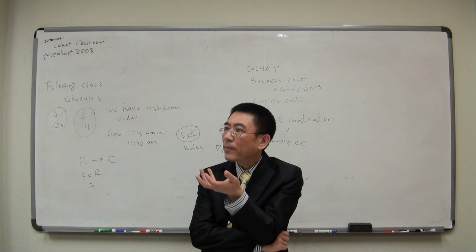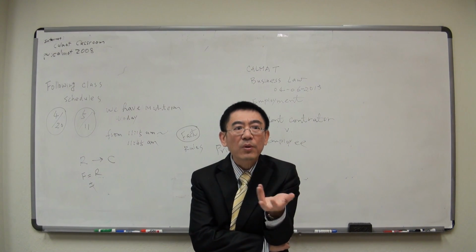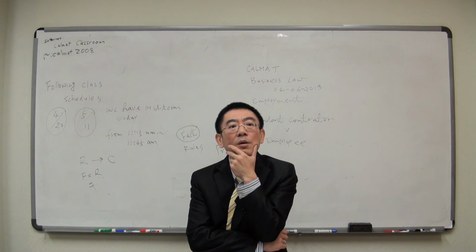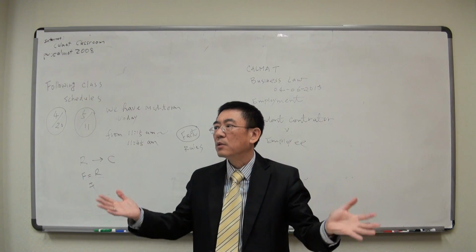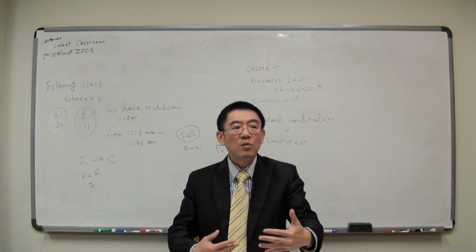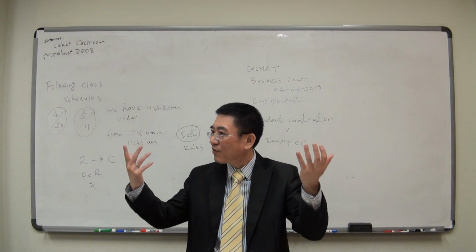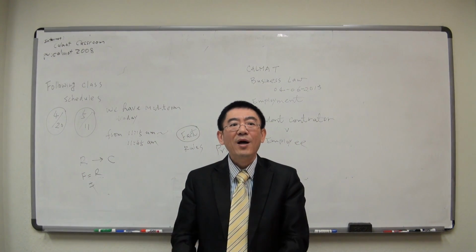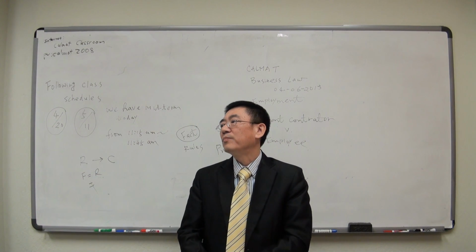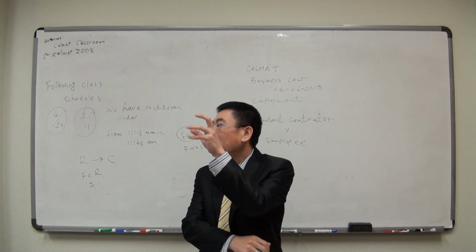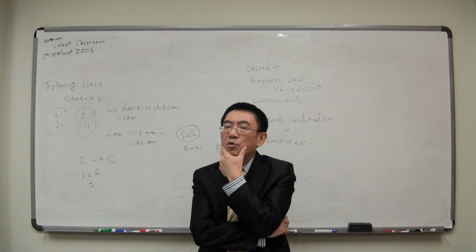Let's talk about what kind of job could be a very standard, typical independent contractor. What kind of job? There's no argument. This person working for you, you can almost 100% define as an independent contractor. What kind of job? Construction. Say for example, you hire somebody to come in to maintain your yacht.